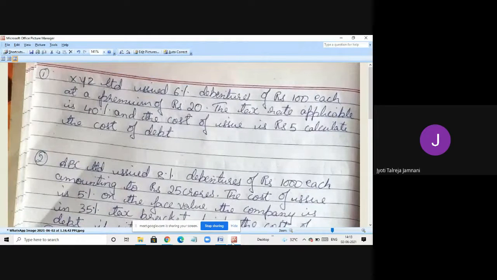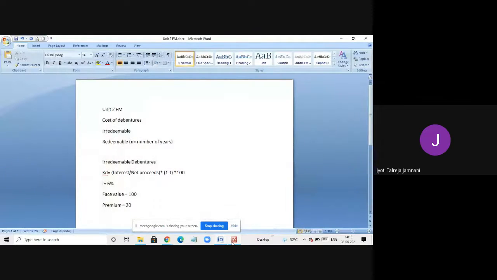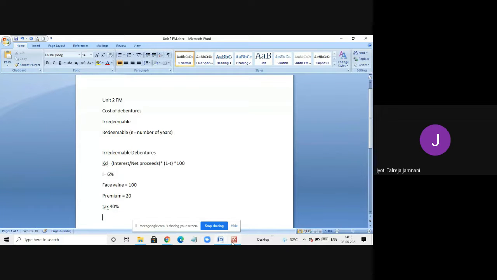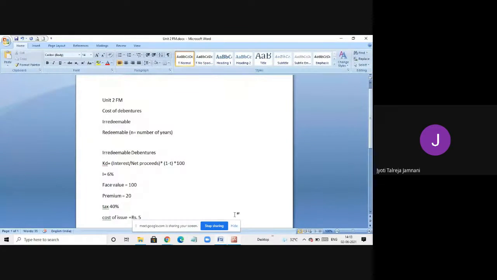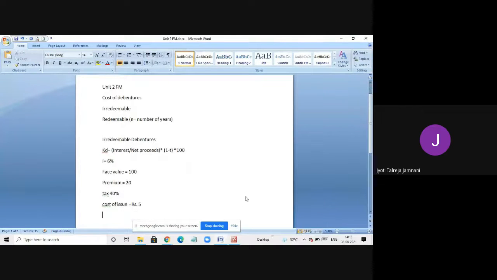The tax rate applicable is 40% and the cost of issue is rupees 5. So tax is 40% and cost of issue is equal to rupees 5. Calculate the cost of debt. So we have to find KD.